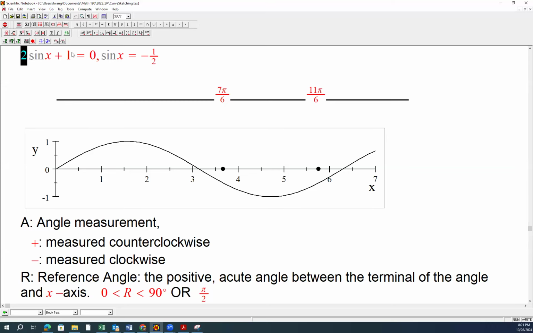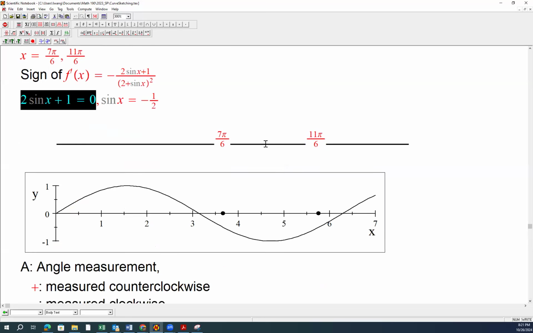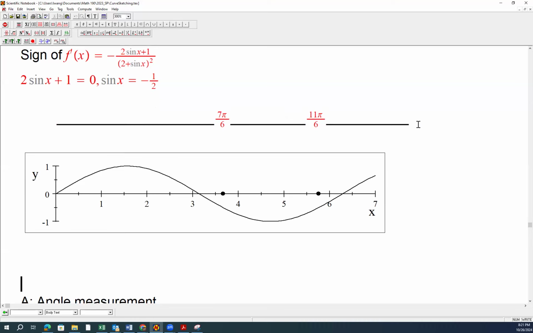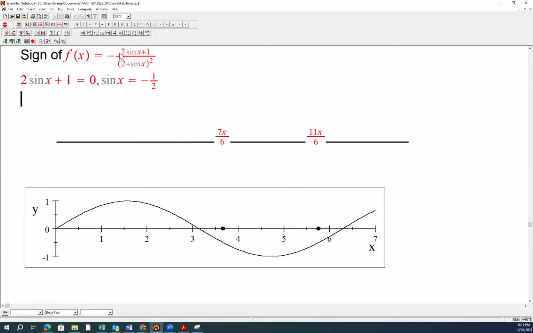The other case will be, what if it's less than 0? Let me make enough space in case I need it. The next one is that if 2 times sine x plus 1 is less than 0.